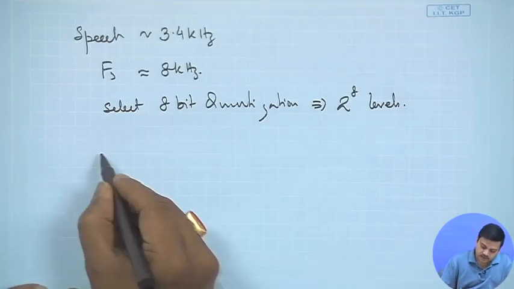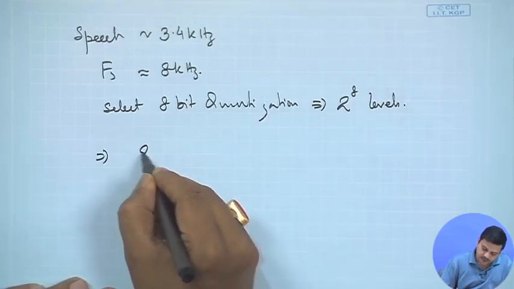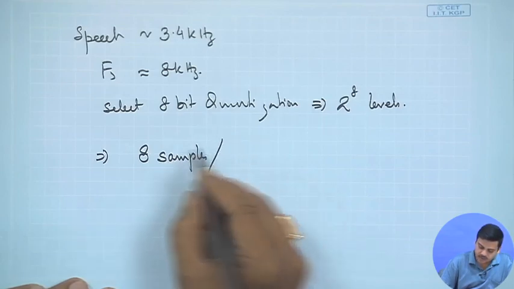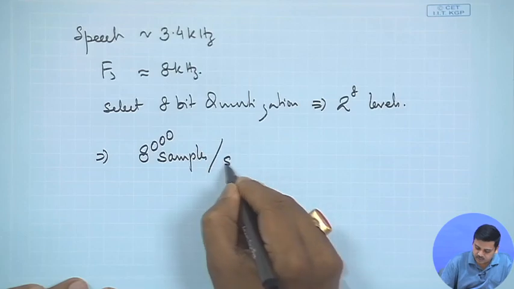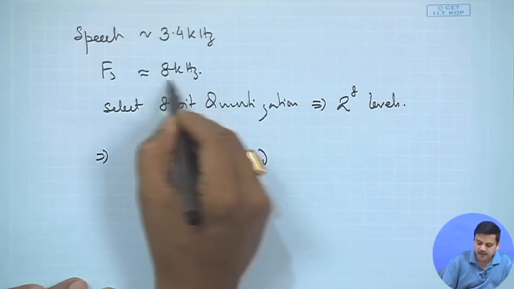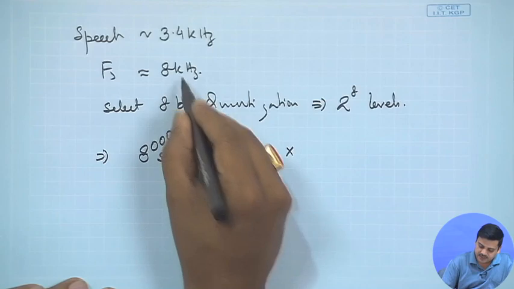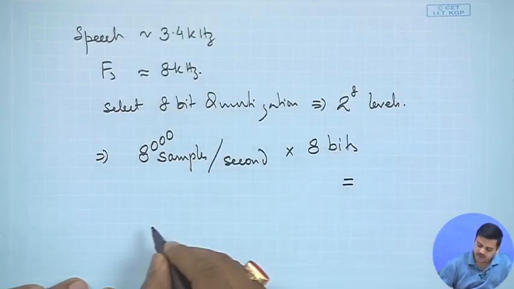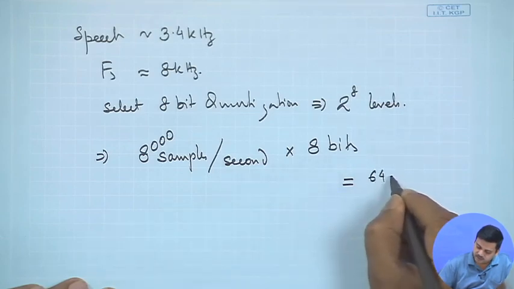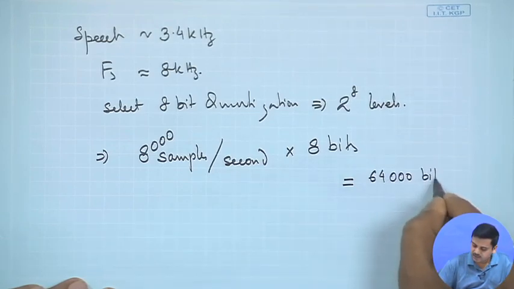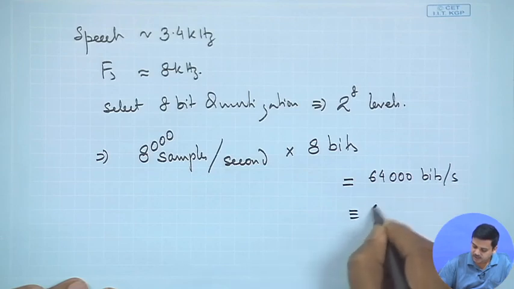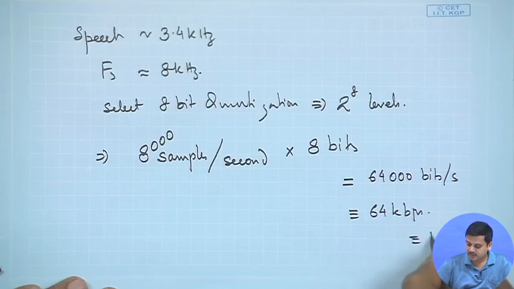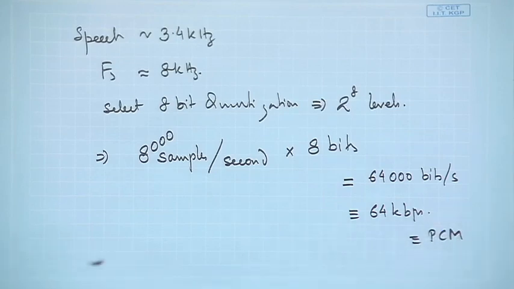This would imply I am going to get 8000 samples per second at the end of the sampler, and every sample is to be encoded with 8 bits. So, together it is going to generate 64,000 bits per second, or 64 kilobits per second, which is generally the pulse coded modulation bit rate.